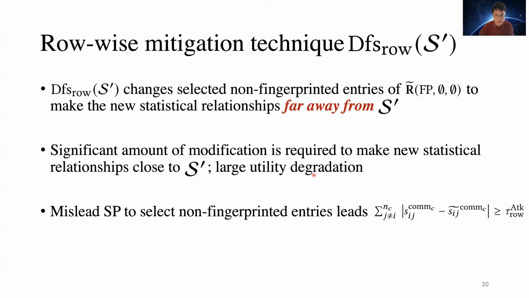If we want to make the statistical information close to the prior knowledge, it will lead to a significant amount of change in the mitigation. And in the experiment, we show that by doing this, it is already enough to mislead the malicious service provider to launch the attack on those non-fingerprinted entries.